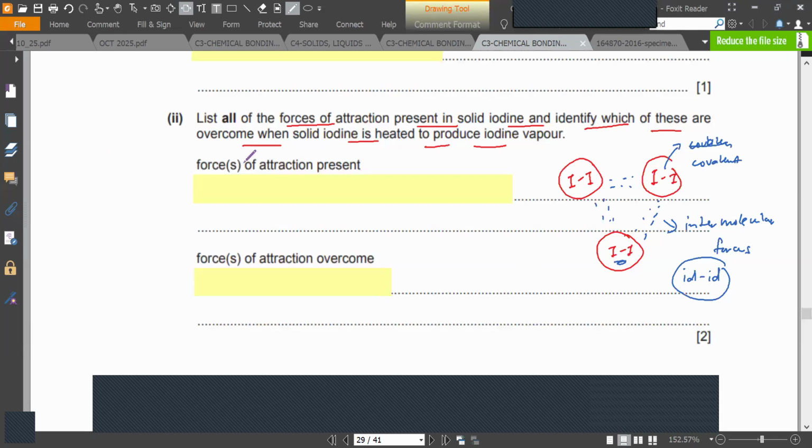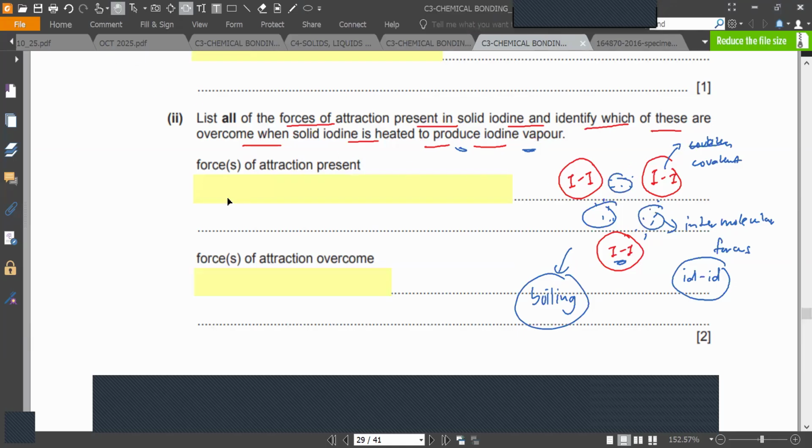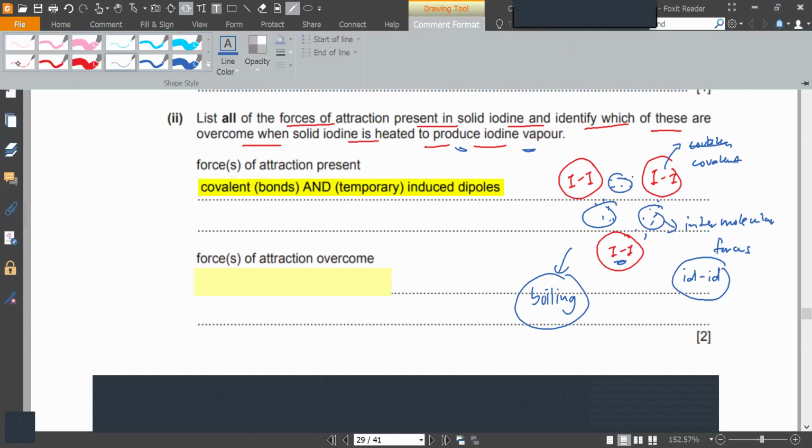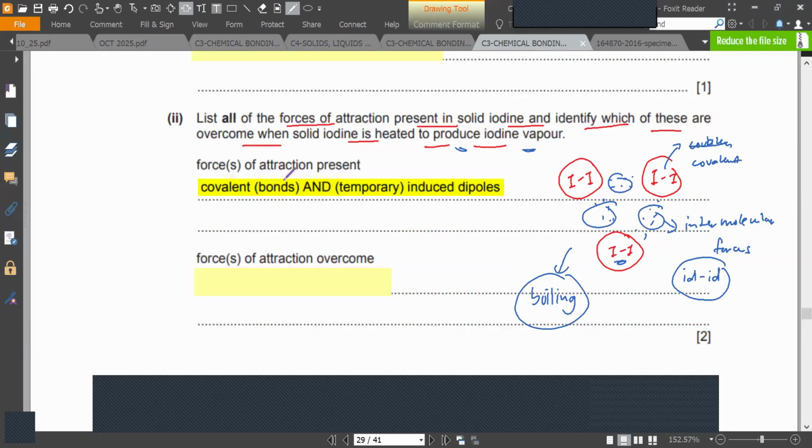In solid iodine, identify which of these are overcome to produce iodine vapor. So this one is for boiling. When boiling, we are only breaking the intermolecular forces. It has two types of forces: the covalent and also the induced dipole.